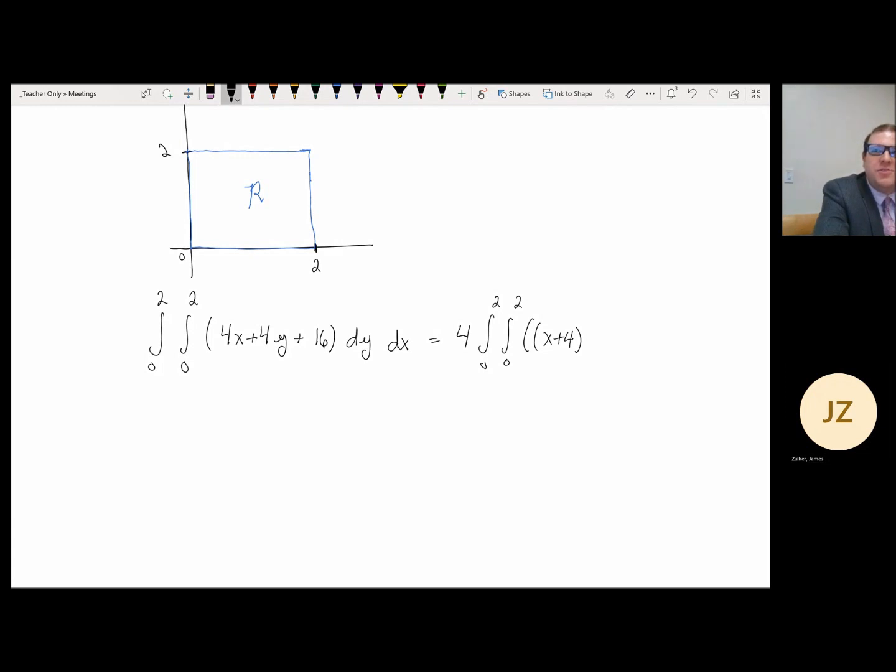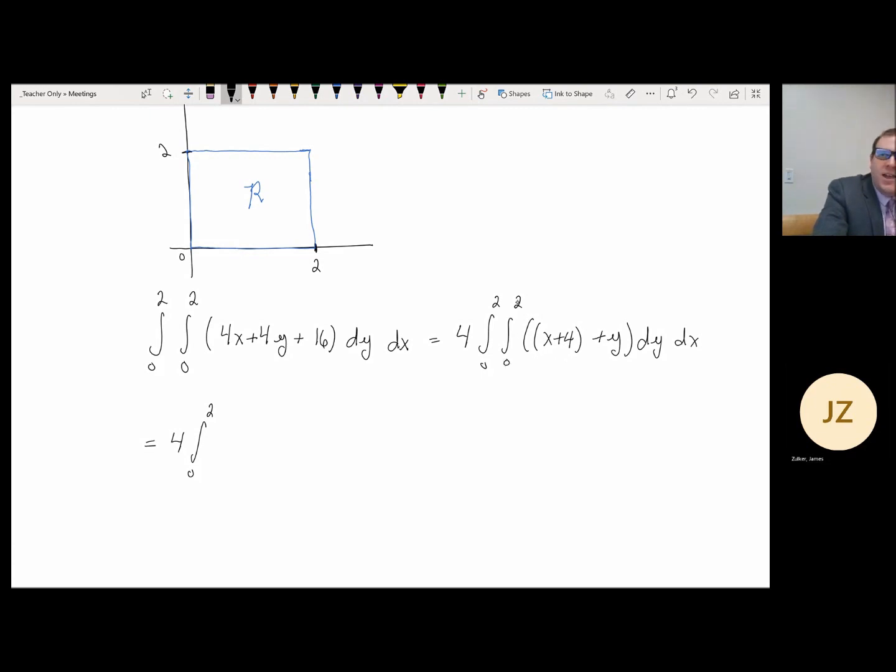So group it together. x plus 4 is a constant.